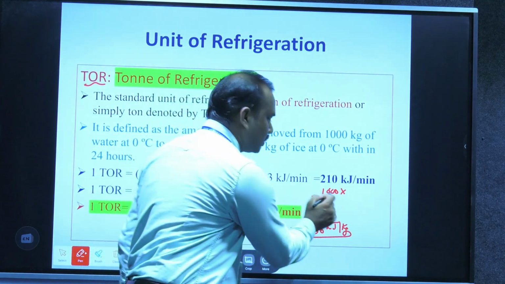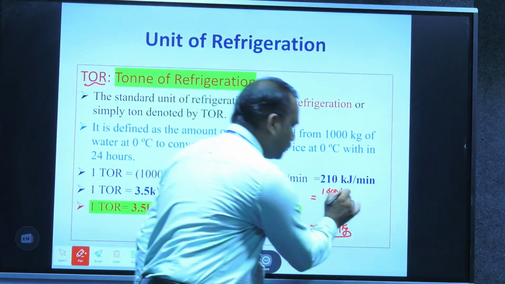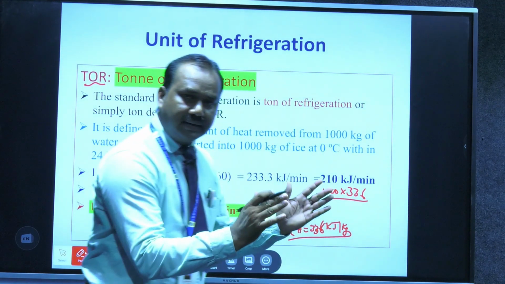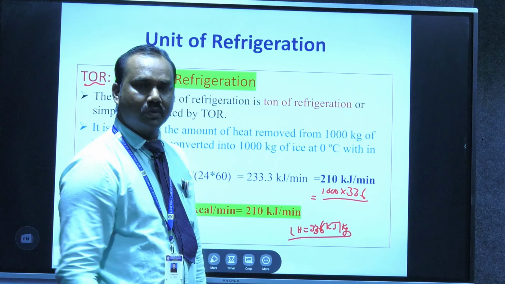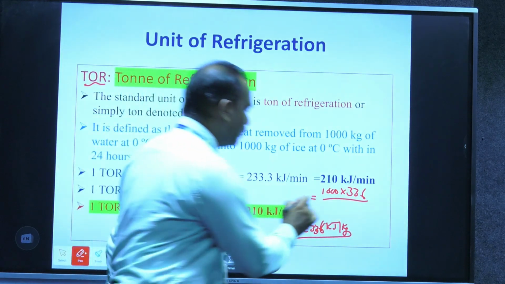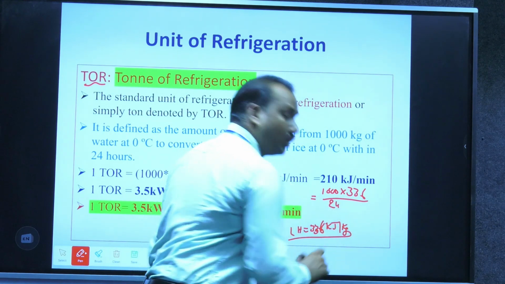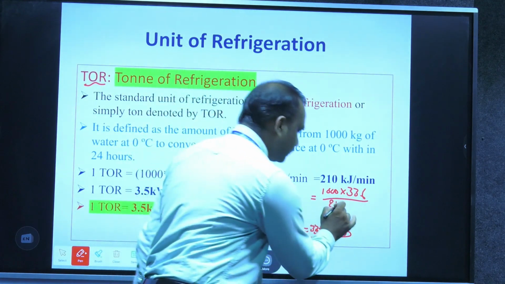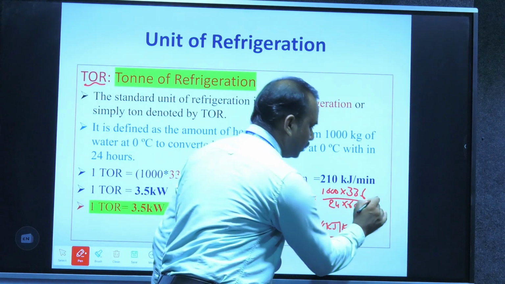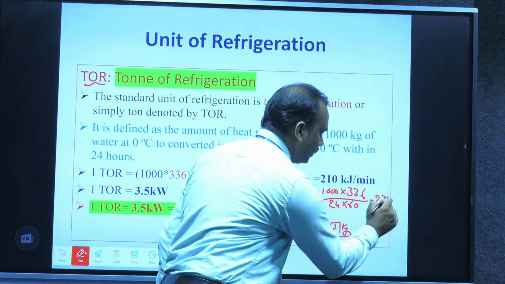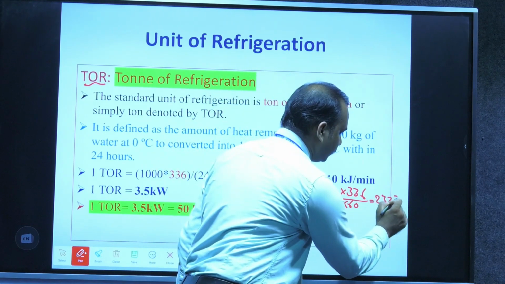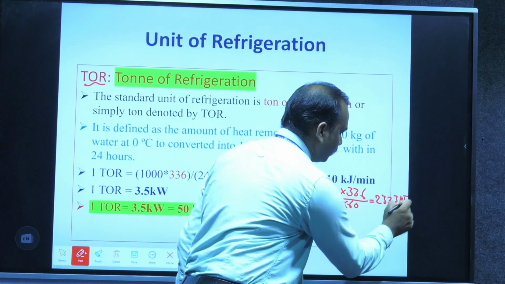I consider 1000 kg of water, then 1000 into 336, divided by the time, since the entire heat removal process from water to make ice takes place in a day. Day means 24 hours, and 1 hour equals 60 minutes. So 24 into 60, which is equal to 233.3 kilojoule per minute.